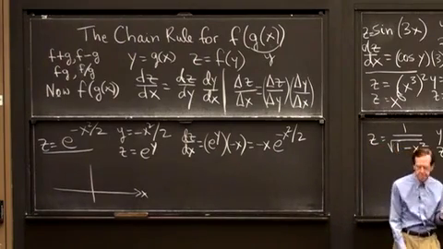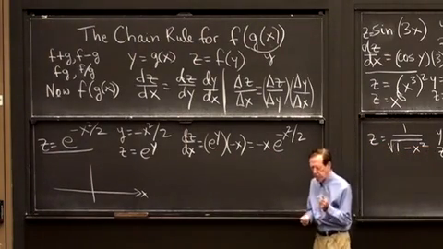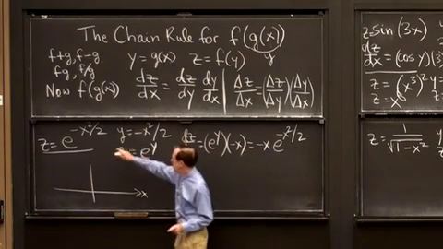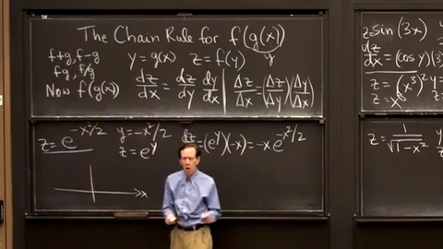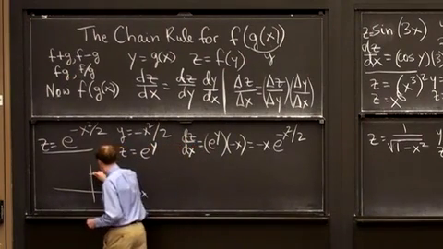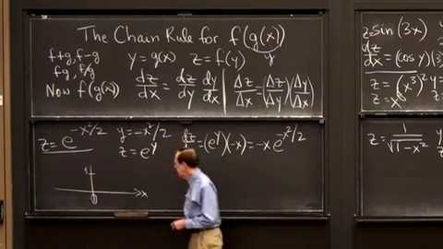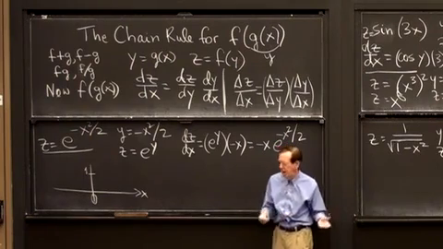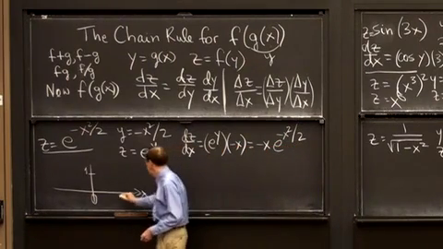Okay, so what do I expect? I can certainly figure out the point x equals 0. At x equals 0, I have e to the 0, which is 1. Now at x equal to 1, it has dropped to something.